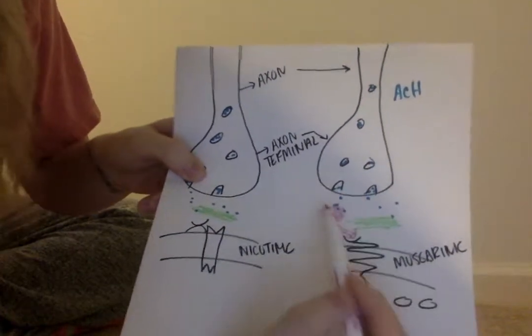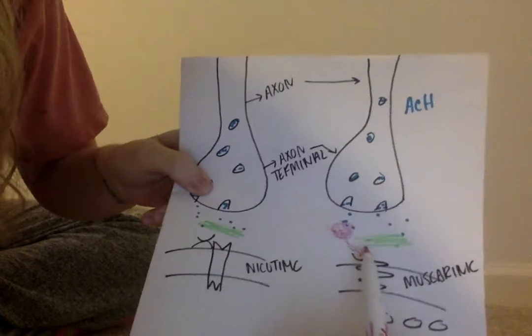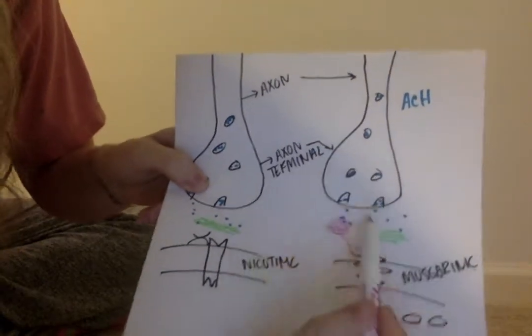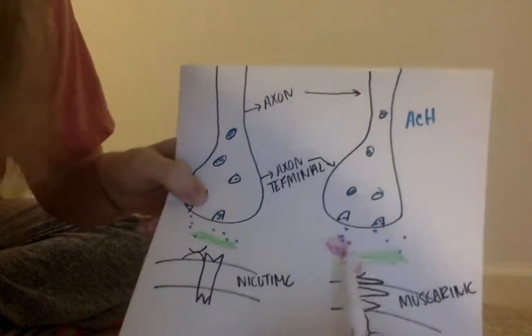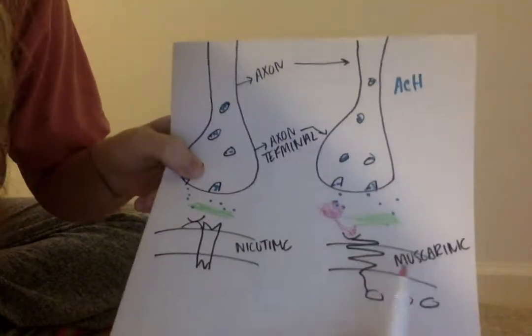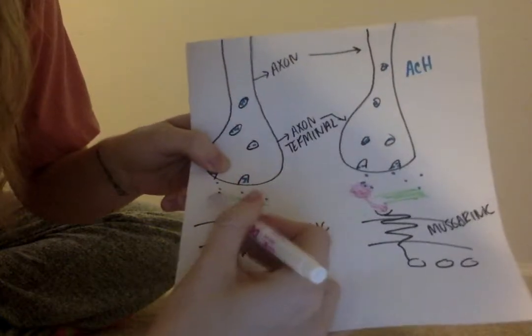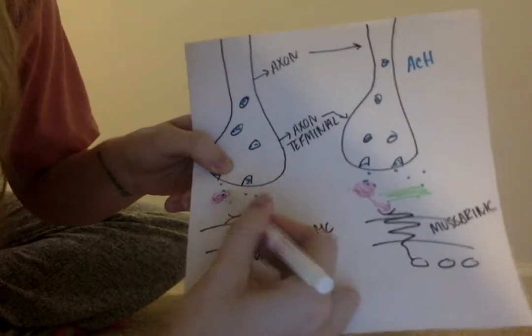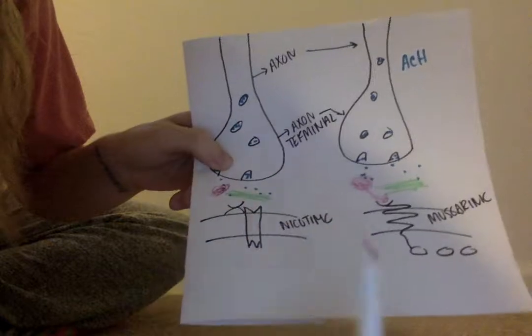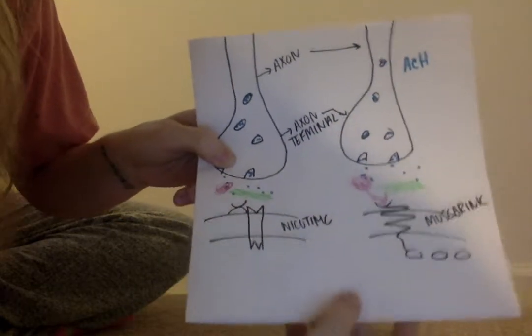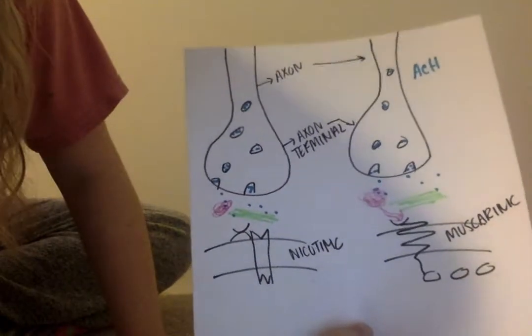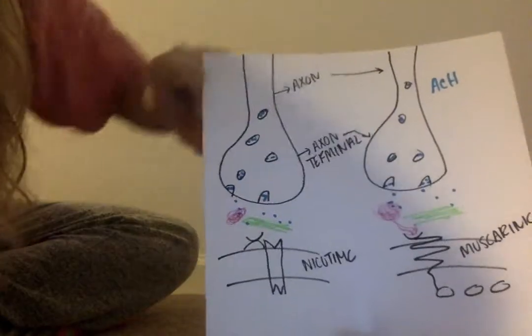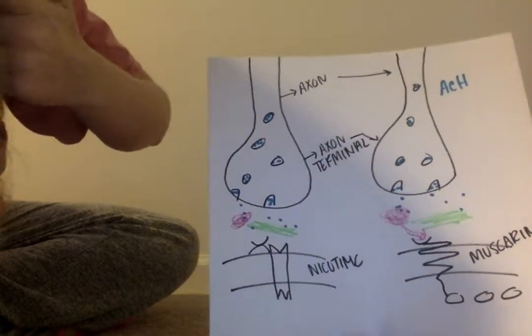If I introduced a muscarinic antagonist and it blocked this receptor, even if the body released acetylcholine, it's not going to activate this tissue. Now, if I introduce muscarine, this mushroom toxin, into my nicotinic receptor, nothing's going to happen because it's specific to nicotine or acetylcholine.